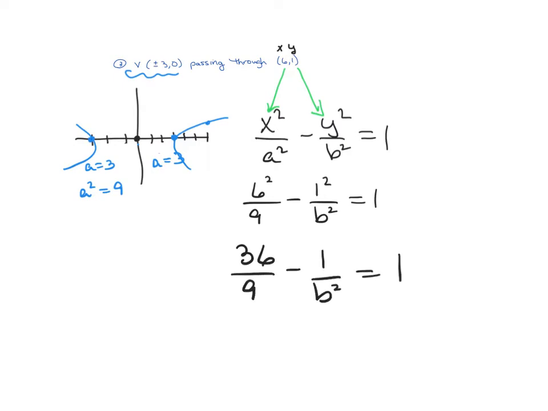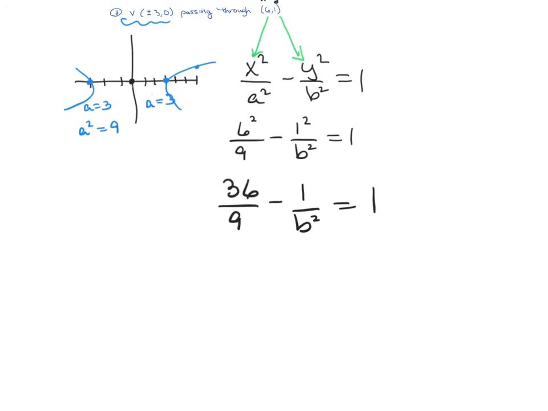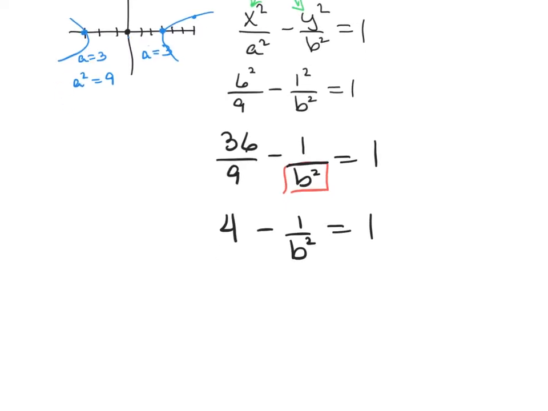Now, the first way I could solve this, and it doesn't matter, your goal is to solve for b squared. Whatever it takes to get b squared by itself. So what I'm going to do is divide 36 over 9, and I'm going to make this 4. Rewrite the 1 over b squared equals 1. Again, my goal is to get this all by itself, so I need to subtract the 4, and I get negative 1 over b squared equals negative 3.